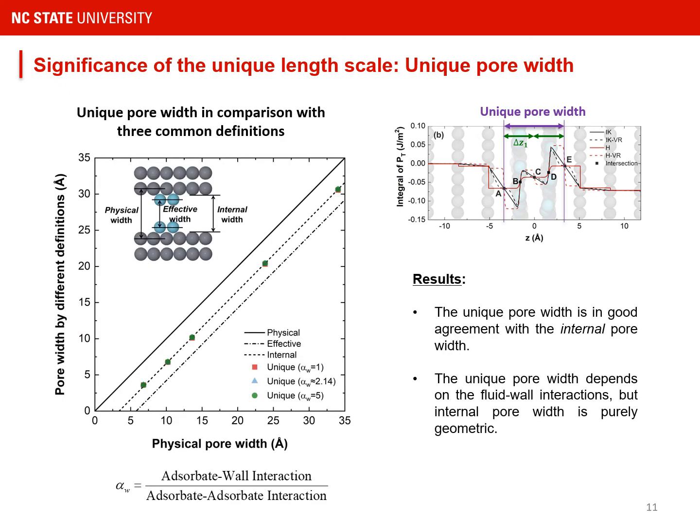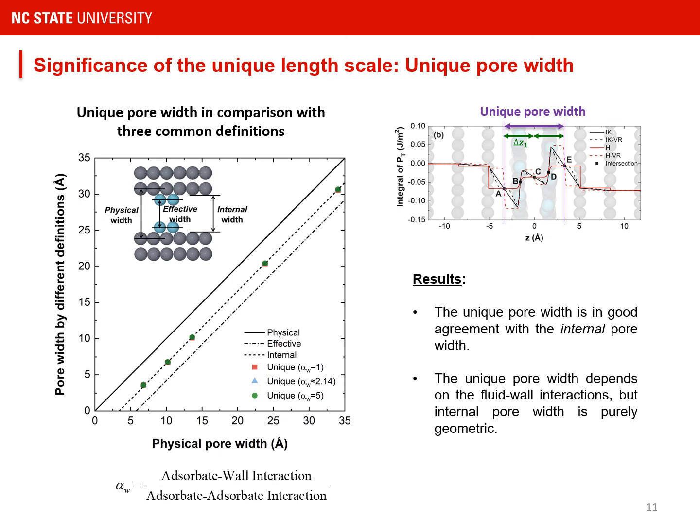On this left figure, we have the full comparison between the different definitions of the pore width. We calculate this unique pore width that gives rise to the unique in-pore tangential pressure for 3 different wetting parameters. The wetting parameter is a measure of the strength of intermolecular interactions between the fluid and the wall. Interestingly, the unique pore width is in good agreement with the internal pore width, but they are not equivalent.